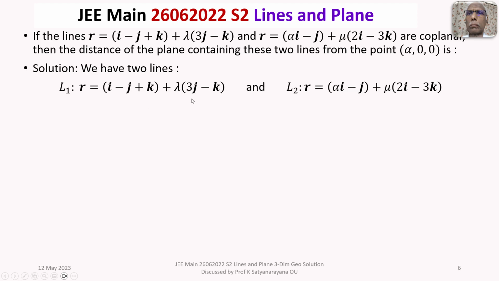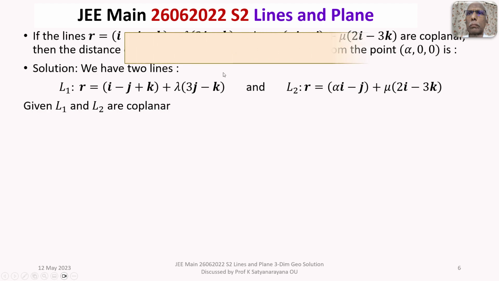This line is passing through the point 1, minus 1, 1 and parallel to the vector 3j minus k, and L2 is given by r is equal to alpha i minus j plus mu times 2i minus 3k. It is given that L1 and L2 are coplanar.